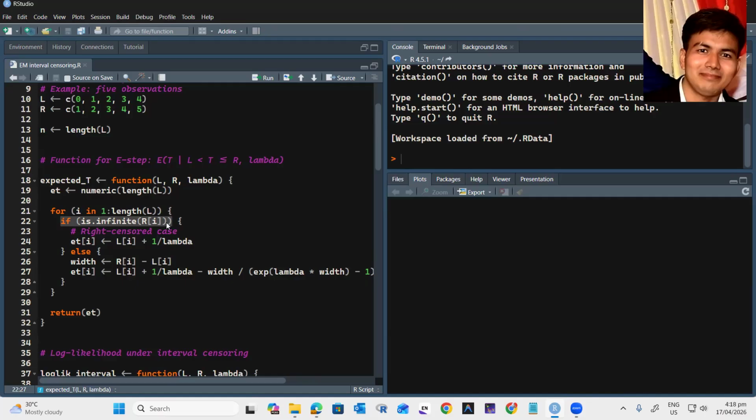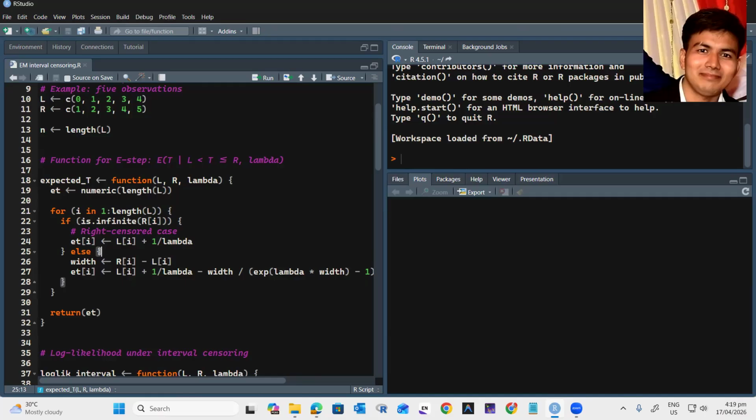This command is.infinite will return TRUE if the value is infinity or minus infinity, or a right censored observation. That means the interval is Li to infinity. All right, so after that we have the E step here, derived from the properties of the exponential distribution that we already derived.